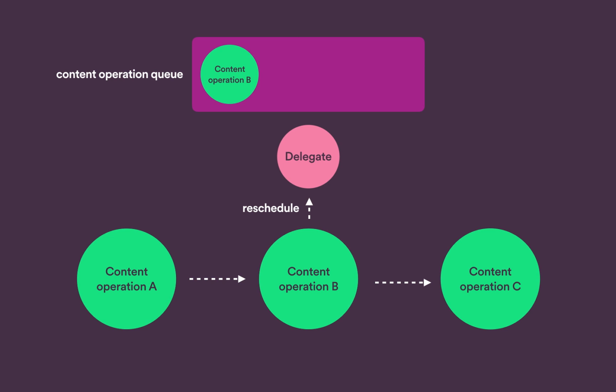But what's cool here is that we're not only going to reschedule operation B, we're automatically also going to reschedule operation C. And this is important because it allows B and C to have this nice relationship where C is always guaranteed to be executed after B. So if C does some kind of post-processing, like for example in our previous example where we added a notification on top, we always know that we'll be able to add this notification.